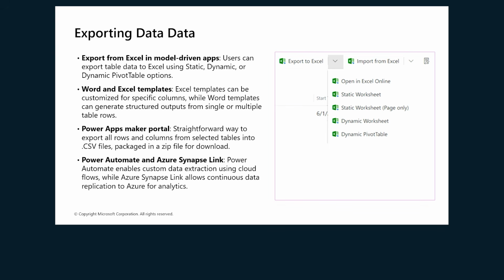The second method, Word and Excel templates, enables users to generate structured presentation-ready documents. Excel templates can be customized to include specific columns, while Word templates can pull data from a single or multiple rows. This is perfect for generating invoices, contracts, or detailed reports directly from Dataverse.